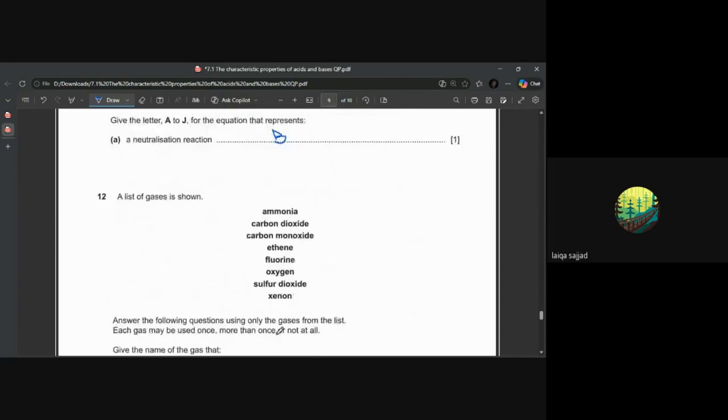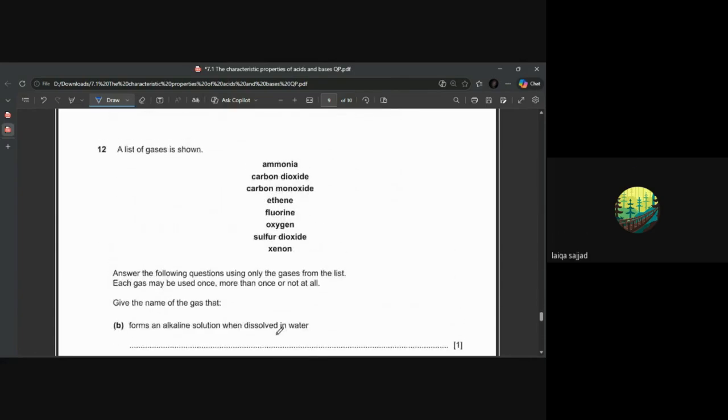Then you are given a list of gases as shown. You have to answer the following question using only the gases from the list. Each gas may be used once, more than once, or not at all. Give the name of the gas that forms an alkaline solution when it is dissolved in water.